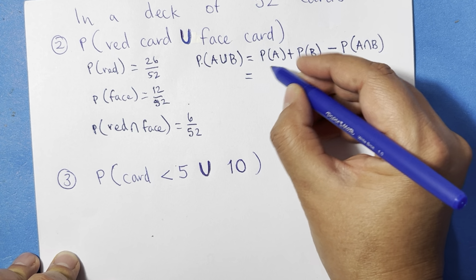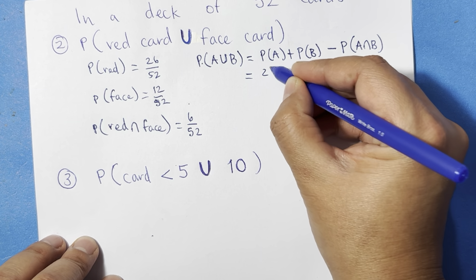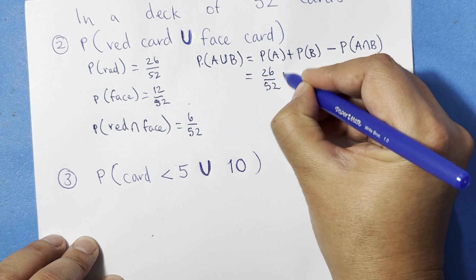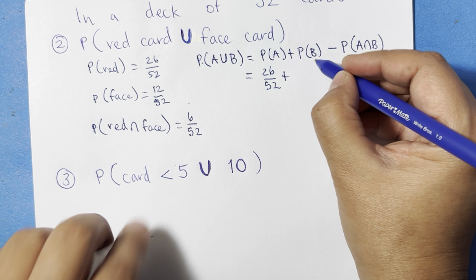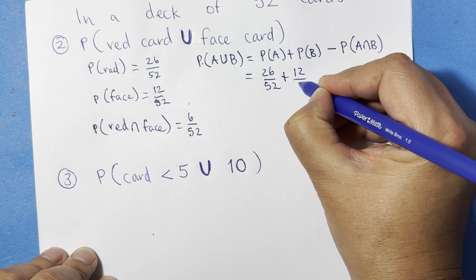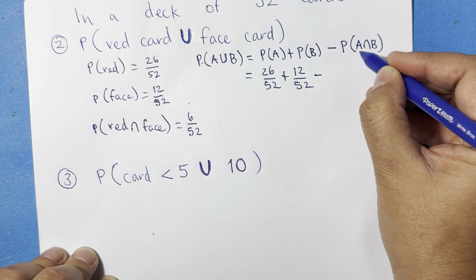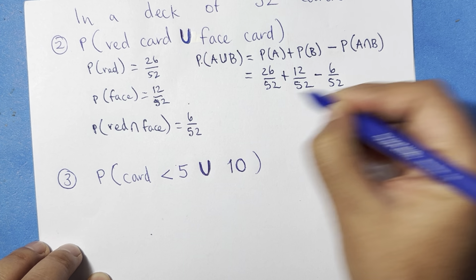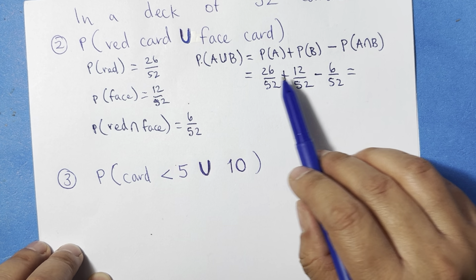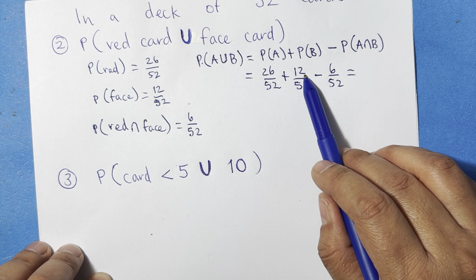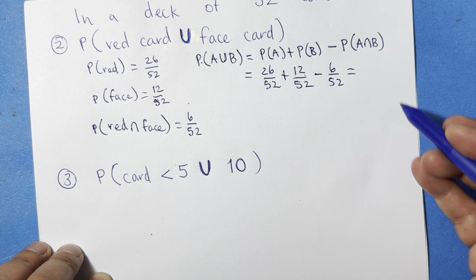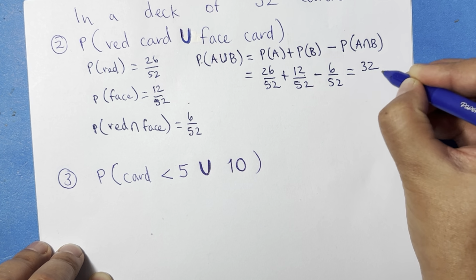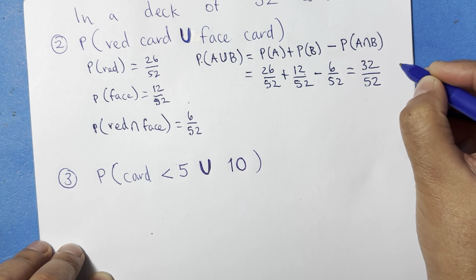So event A, 26 out of 52, plus event B is 12 over 52, minus the overlapping, which is 6 over 52. 26 plus 12, that's 38. 38 minus 6 is 32 over 52.